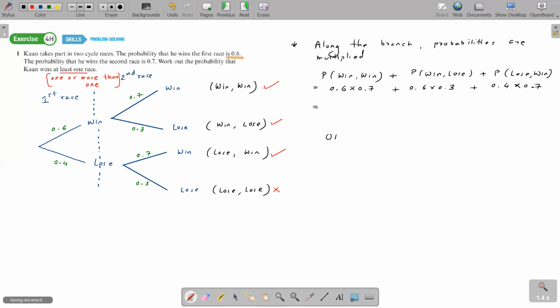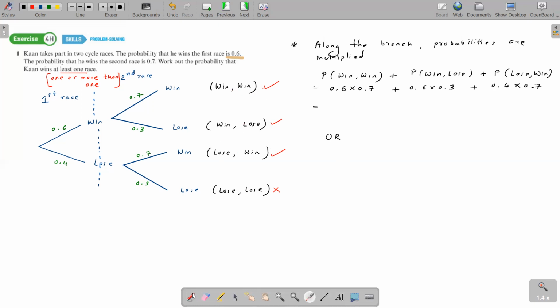Or another way to get the same answer is this: total probability is always one, right? So all these four branches must add up to 1.